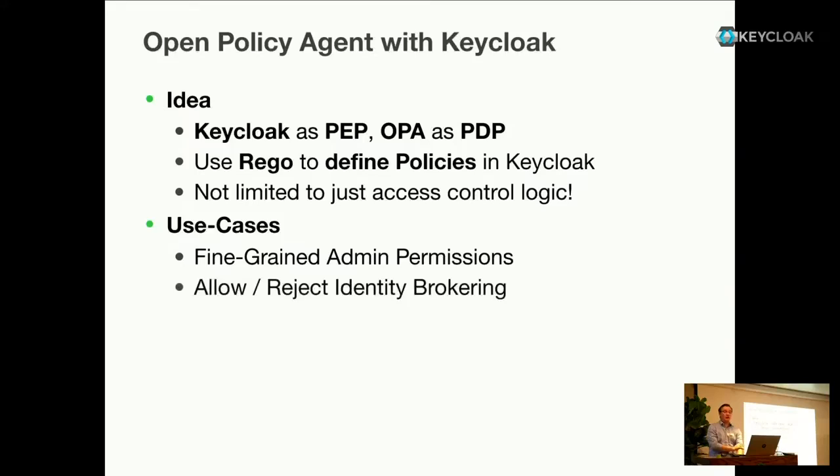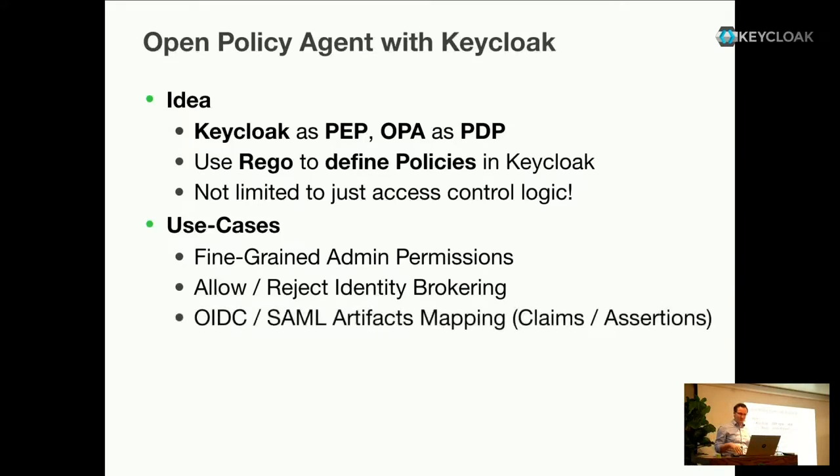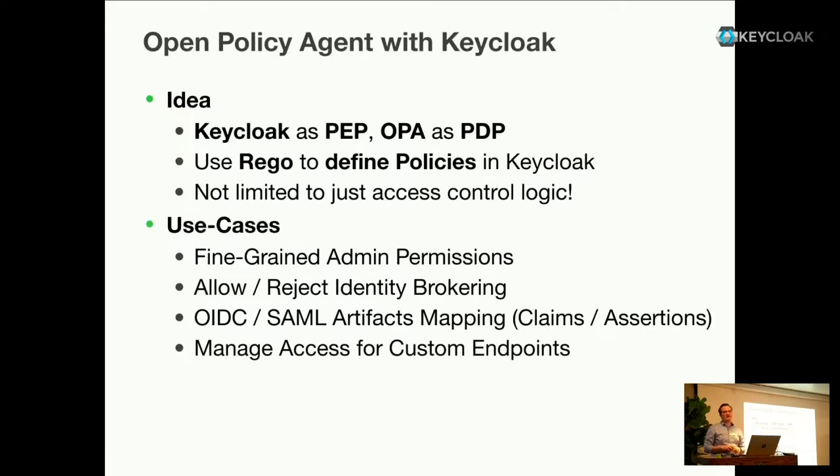I can also allow or reject identity brokering processes. I can also use OPA policies to configure which kinds of claims or assertions are exposed as OIDC or SAML artifacts. And of course, I can use it to manage access for custom endpoints that I put into Keycloak. And of course, and that's the use case I will show here in the demo, I can use it to limit access to certain clients.